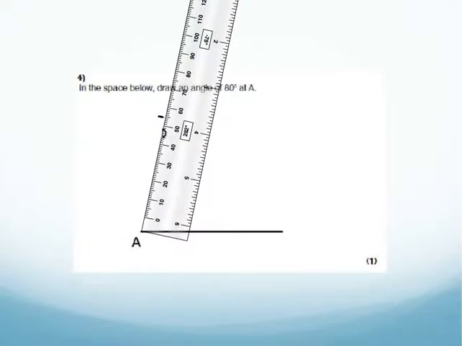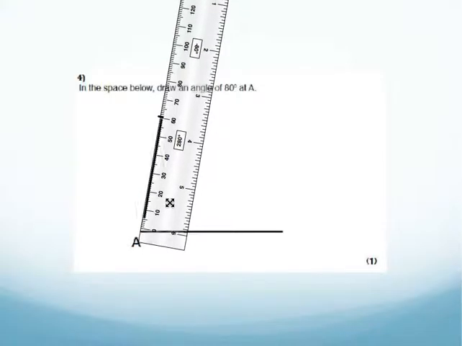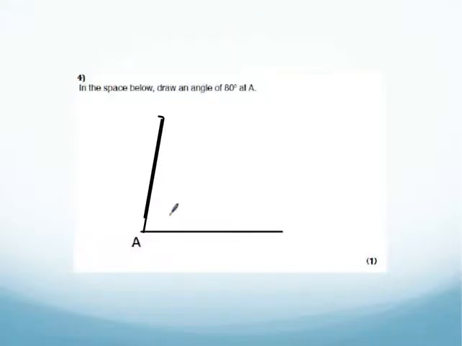Just going to turn a little bit more. There we go. There's my line of 80 degrees. So use a ruler just to connect it up. I'll have to move this down a bit because it won't let me draw. Not perfect, but there we have our straight line. And make sure you mark it with the 80 degrees.